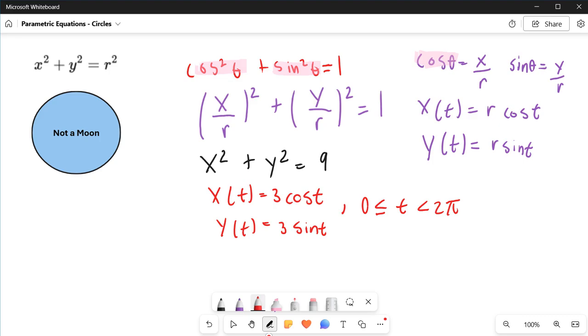Now, if you wanted to talk about, for example, the speed at which the rotation occurs, then that has to do with the angular velocity of the motion from start to finish.